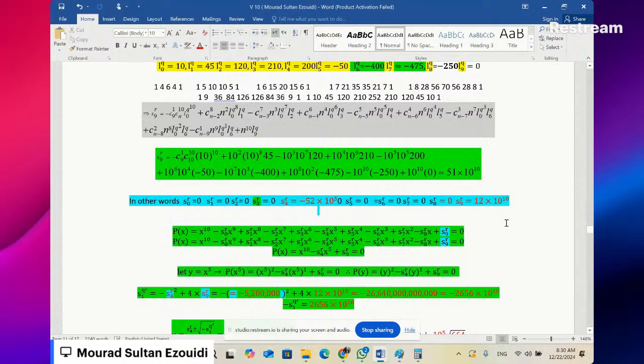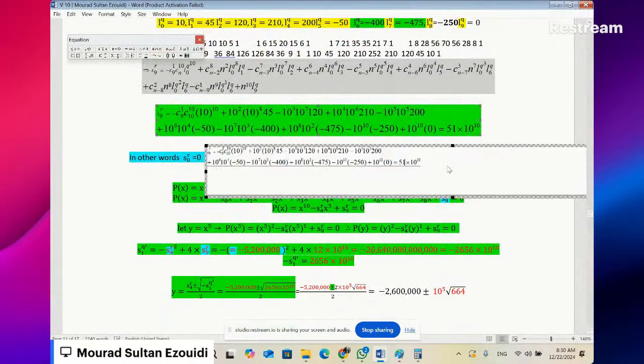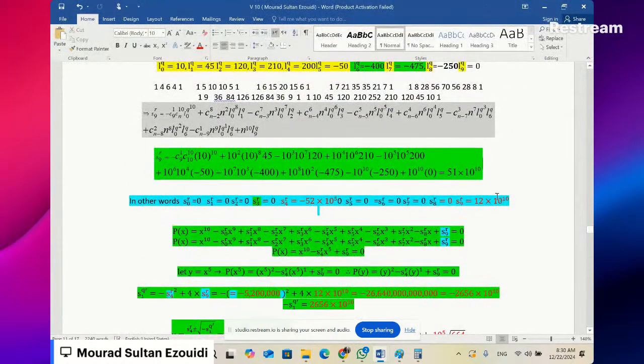It will give, in fact, 51. This one is equal, in fact, to, okay, I will write in standard form. So I will come here. This is 51, 10 to the power 10.